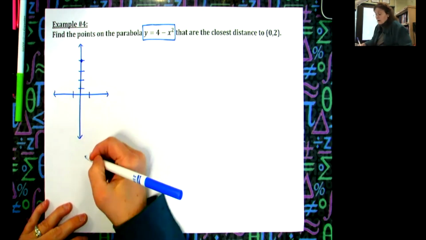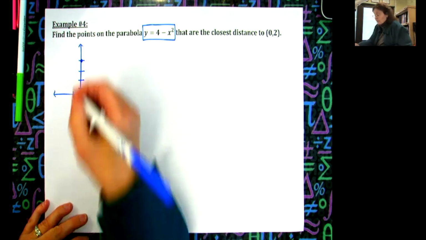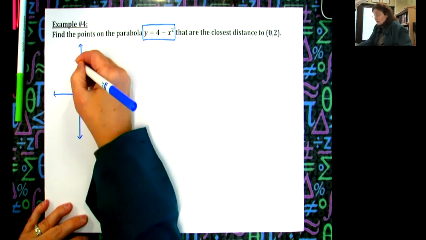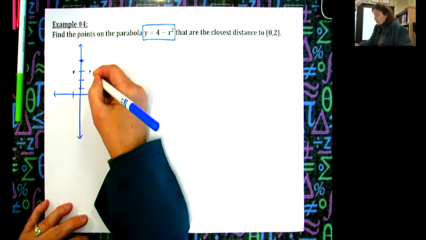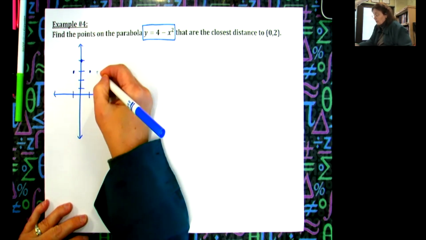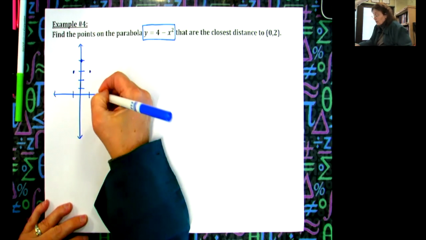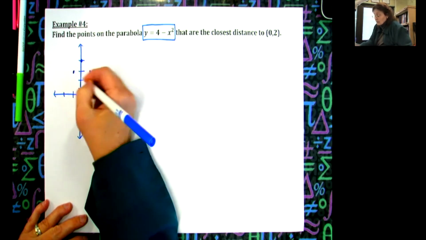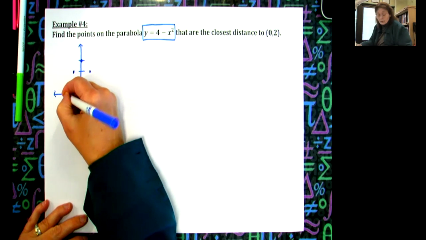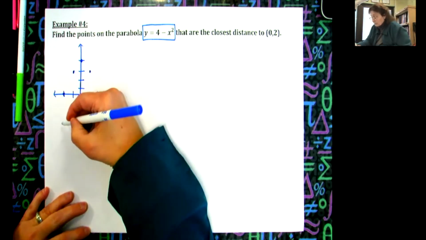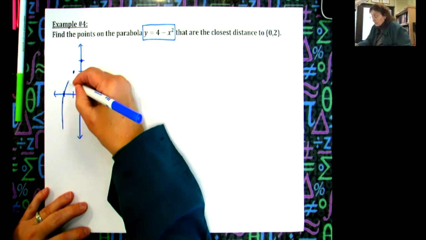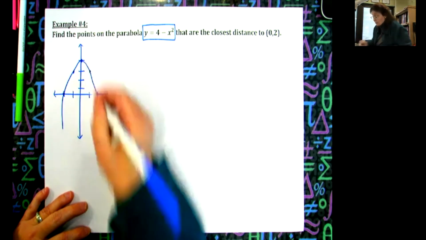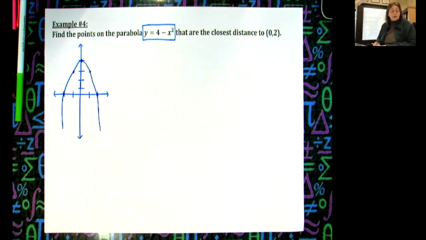Let's go ahead and do our shortcut method, our 1, 3, 5 method. So to the right 1, down 1, left 1, down 1. We could go again to the right 1, down 3, 1, 2, 3. It's going to put me right there on that axis. Down 3. So that's pretty accurate there. Not that I'm tracing these very well, because that's just the saddest parabola around, but we get the idea.